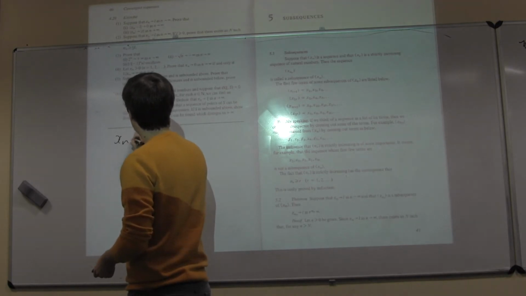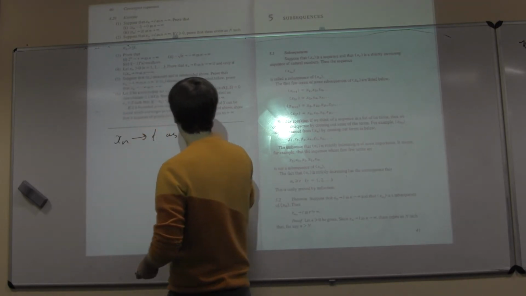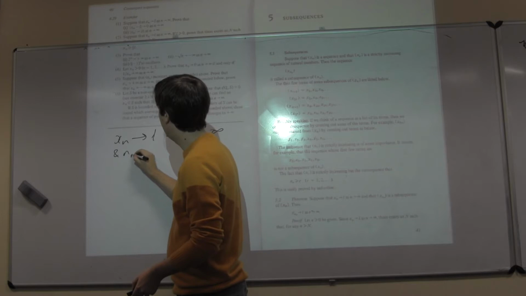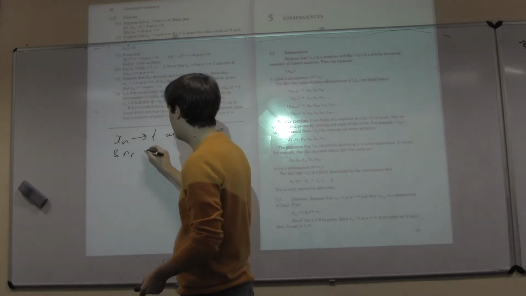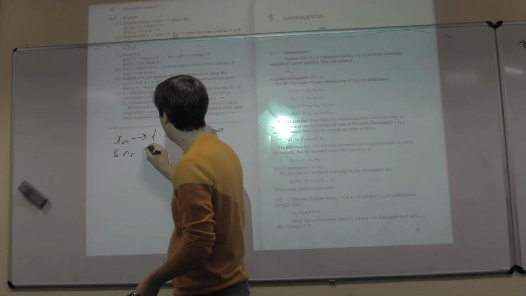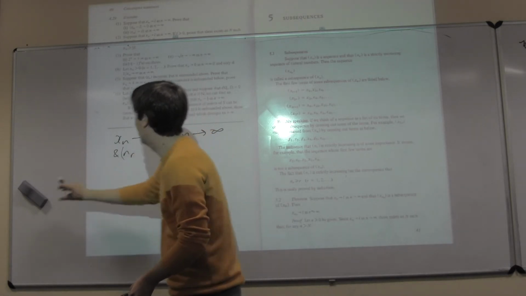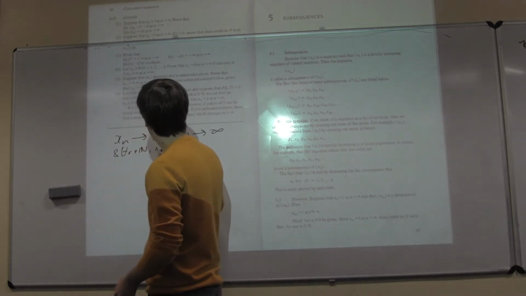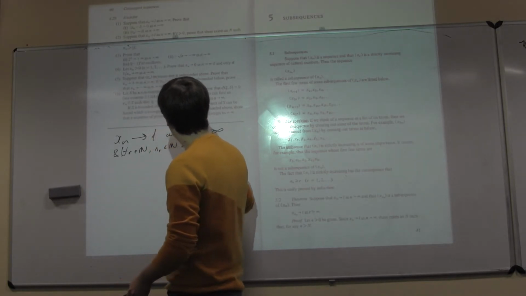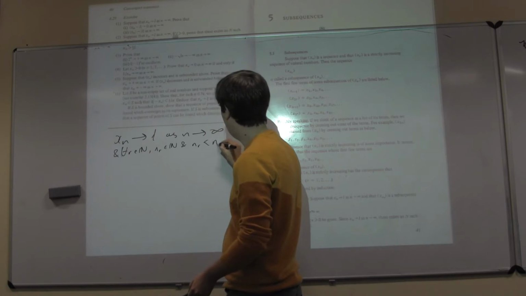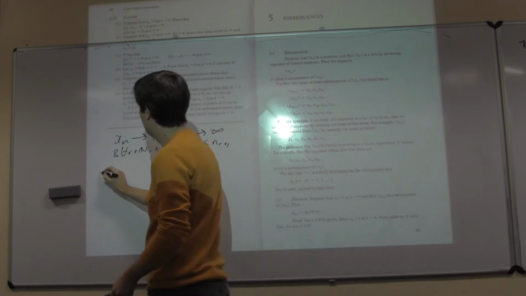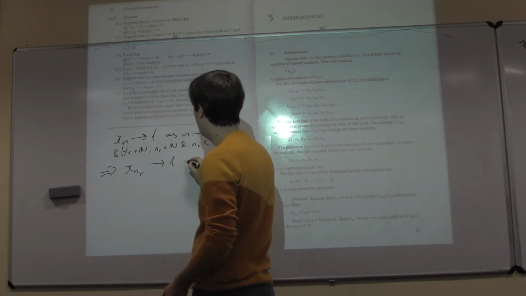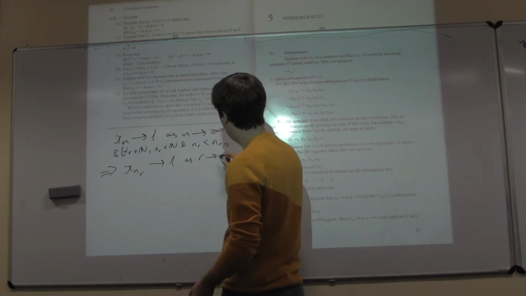If xn tends to L as n goes to infinity, and nr is some strictly increasing sequence of integers in N, so nr strictly less than nr plus 1, these two things together imply that x of n sub r tends to L as r goes to infinity.